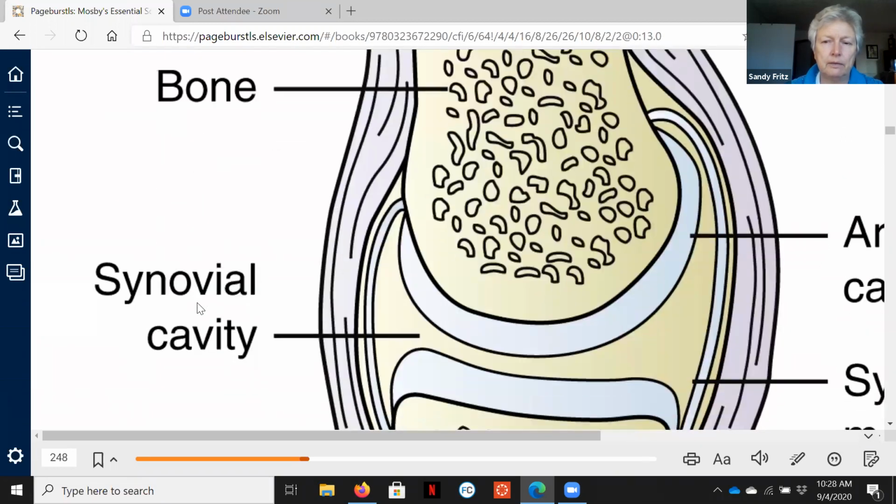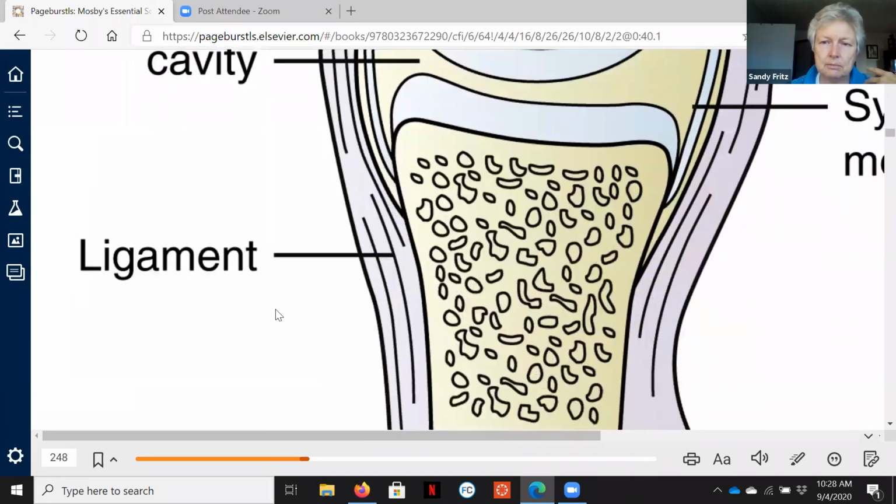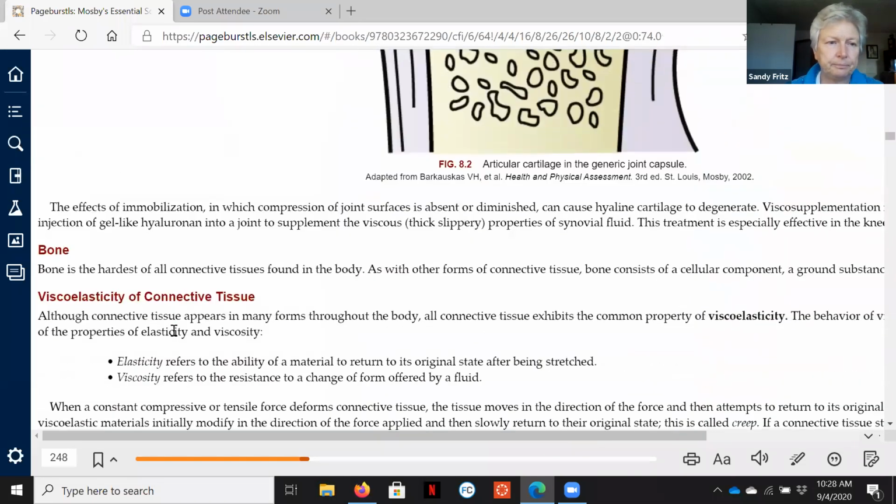In a joint that has become degenerative, where they've lost some cartilage and some of the ability to secrete the synovial fluid, they'll actually inject a type of fluid in there that will mimic that. That's a way of handling a joint that is beginning to deteriorate.